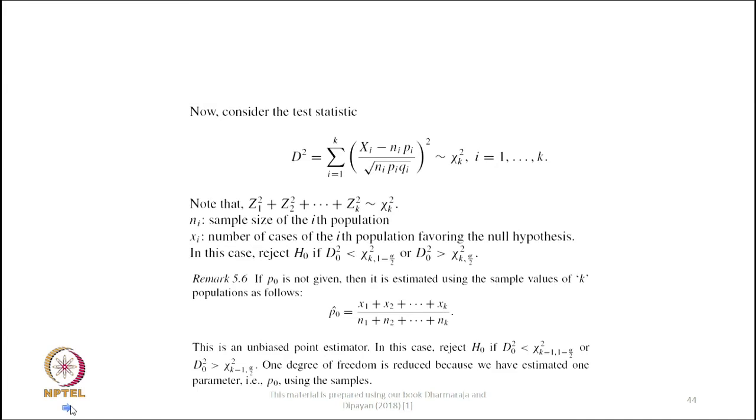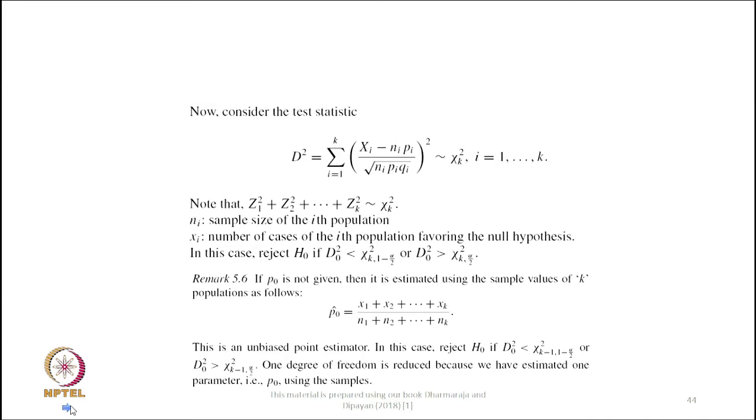If you see it very carefully, inside the summation each term is going to be a standard normal distribution, and we have a concept that if you have a standard normal distribution, then the square of a standard normal becomes a chi-square distribution with 1 degree of freedom. So, the same logic is used here, and we have k such proportions.